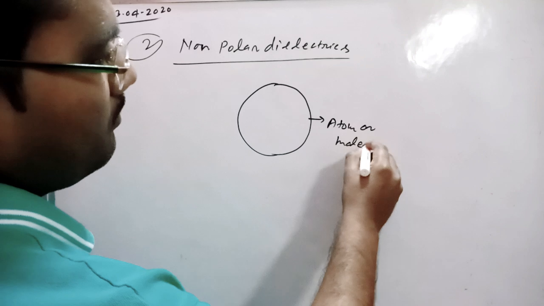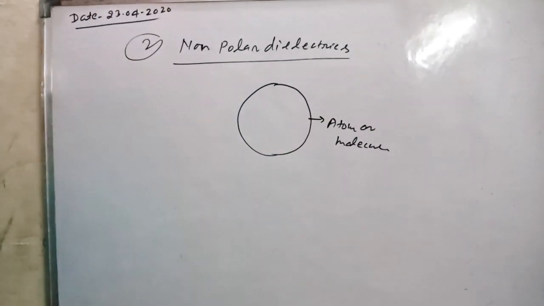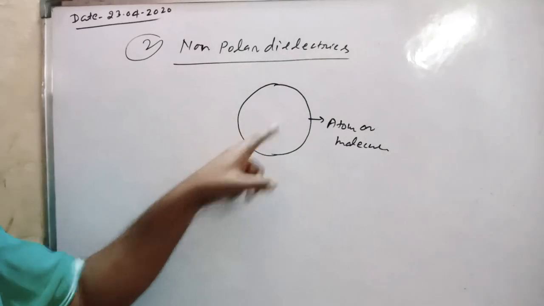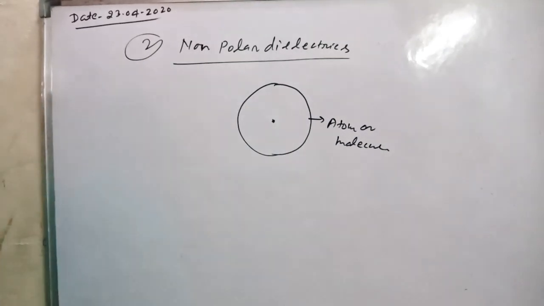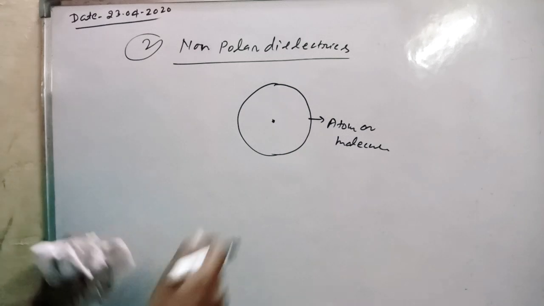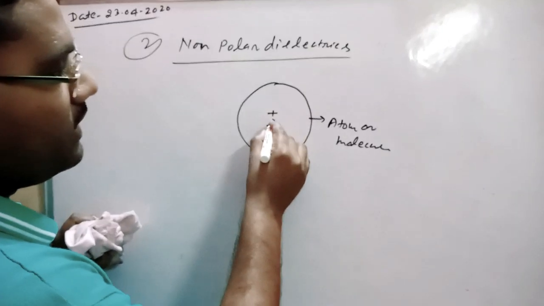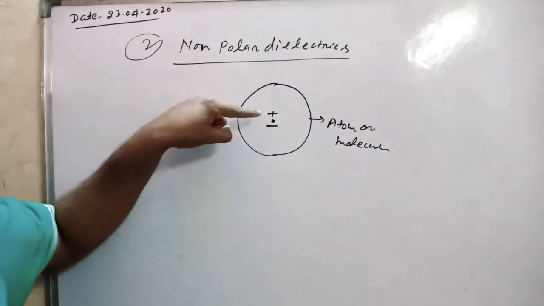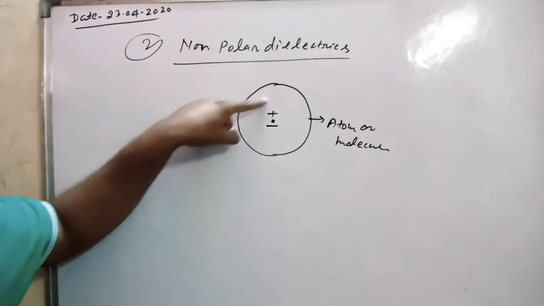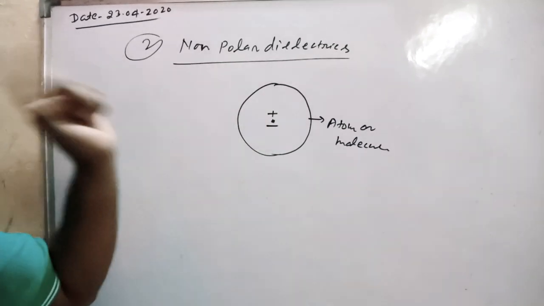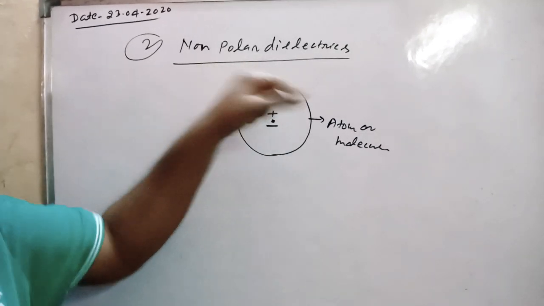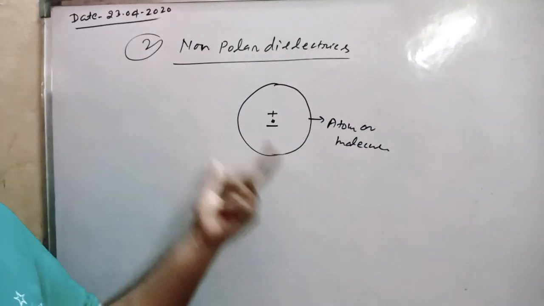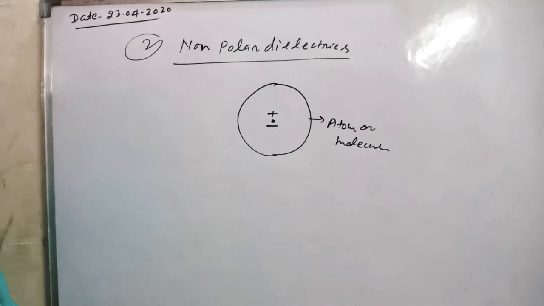If the atom is spherical, then there is a single center, so positive and negative coincide at the same point. Hence, in non-polar dielectrics, there is no dipole moment, because the separation between positive and negative is 0.